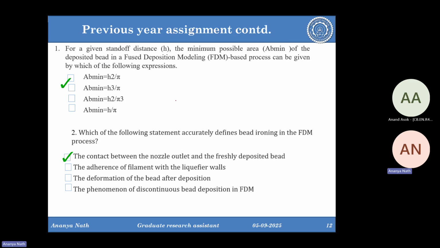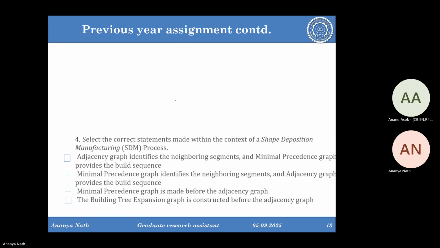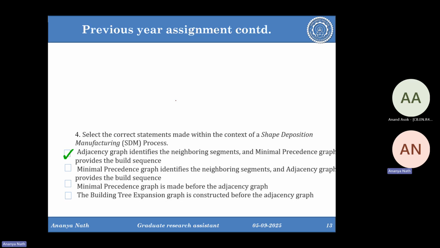Then which of the following statements accurately defines the bead ironing in the FDM process? Contact between the nozzle outlet and the freshly deposited bead. Okay. So the nozzle will be in contact with the freshly deposited bead. Select the correct statement made within the context of a shape deposition manufacturing process. Adjacency graph identifies the neighboring segment, and minimal precedence graph provides the build sequence.